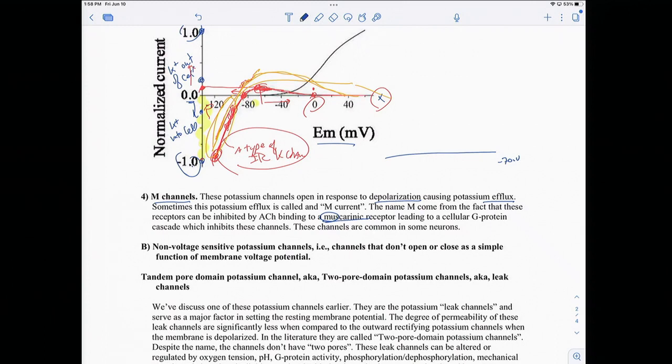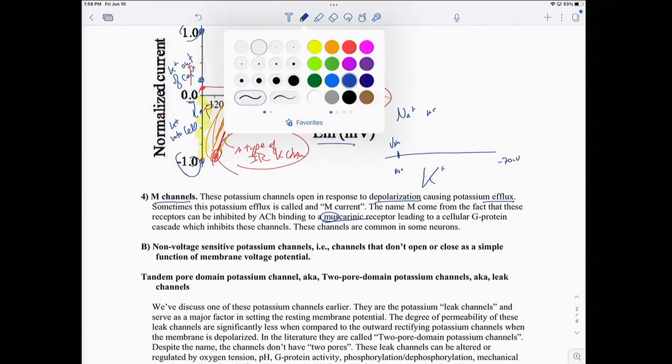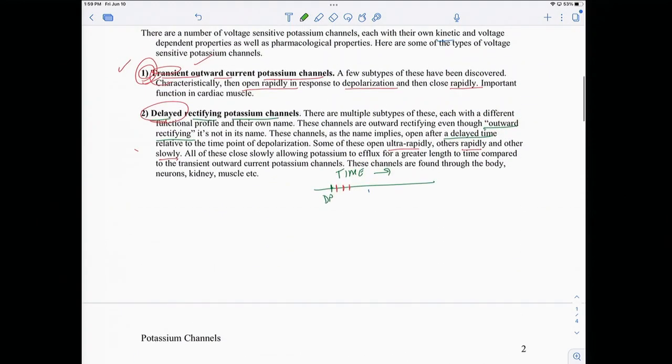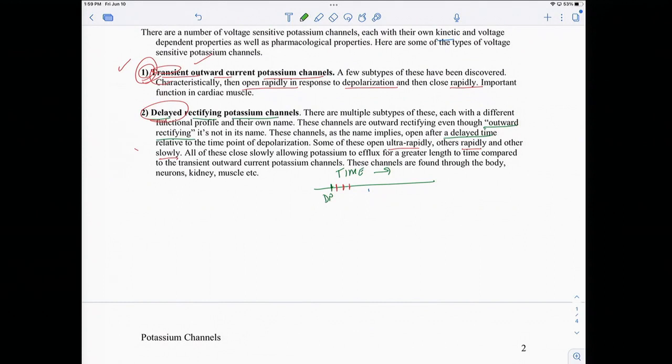So again, we could have maybe a voltage sensitive sodium channel here. Of course, you've got a lot of sodium out here and a little bit of sodium in here, a lot of potassium in here, and a little bit of potassium outside. Then let's go green here, and we'll have this as my potassium channel. Now these voltage sensitive potassium channels that we talked about earlier in terms of the action potential fall in the category of delayed rectifying potassium channels.